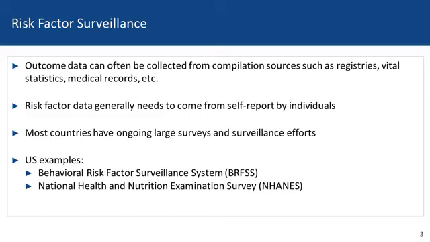Most countries have large surveys or major surveillance efforts that they undertake in order to gather risk factor data. Some examples from the United States are the Behavioral Risk Factor Surveillance System, directed by the Centers for Disease Control and Prevention, and the National Health and Nutrition Examination Survey.